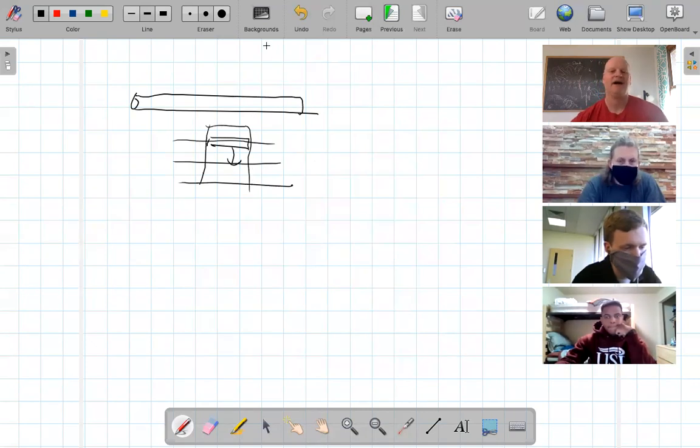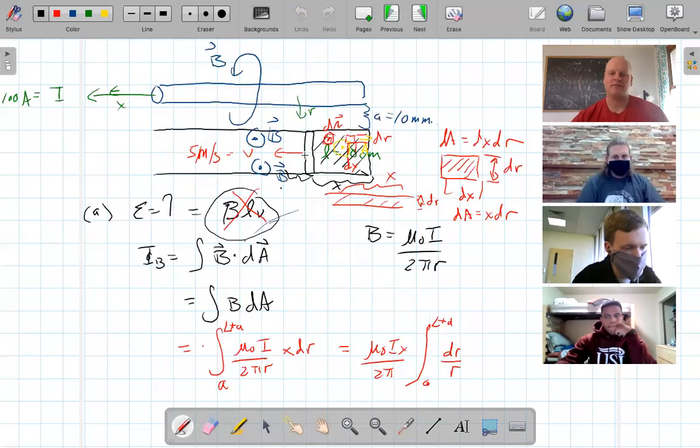Exactly. But in this case, since the rod itself is perpendicular to the wire, that's what makes it non-constant. That's right, because it's bigger on this side than it is on this side. Exactly. Exactly. Good. So, are we doing okay so far?